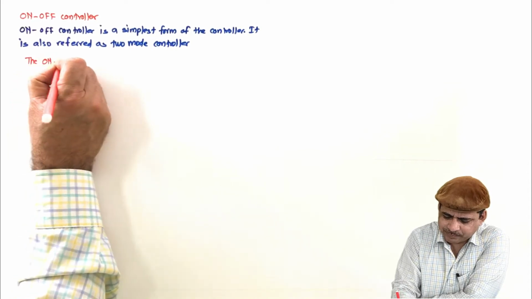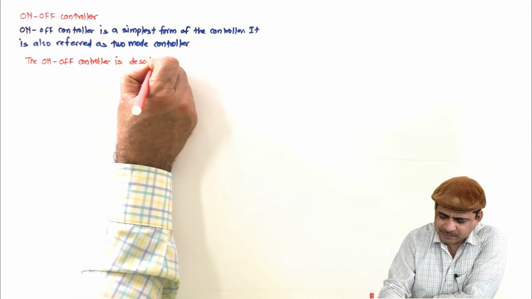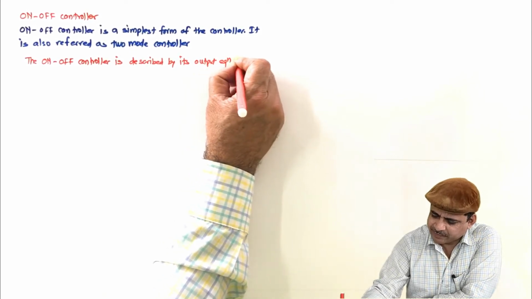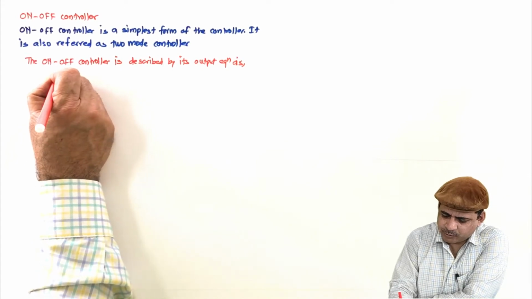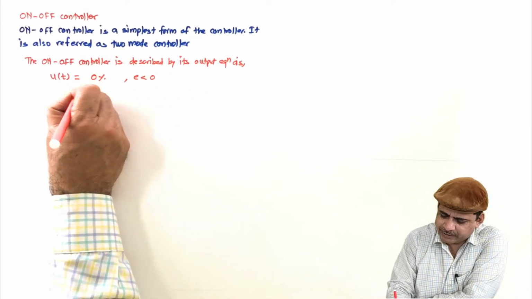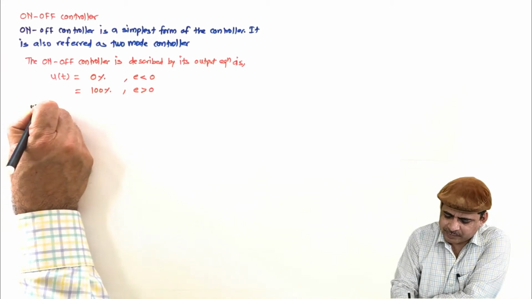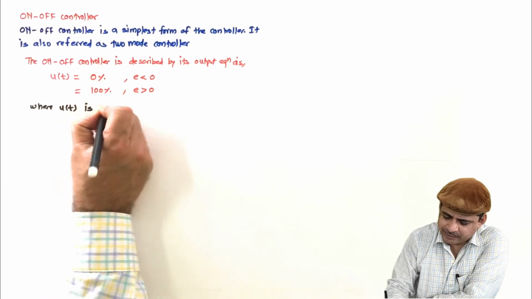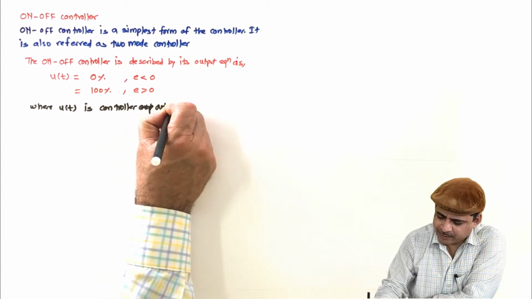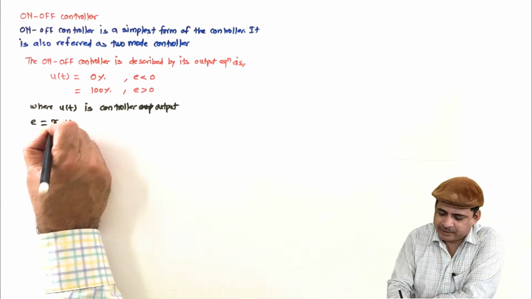The on-off controller is described by its output equation: U(t) is equal to 0% if E is less than 0, and it is equal to 100% if E is greater than 0, where U(t) is the controller output and E is equal to R minus Y at any point of time.